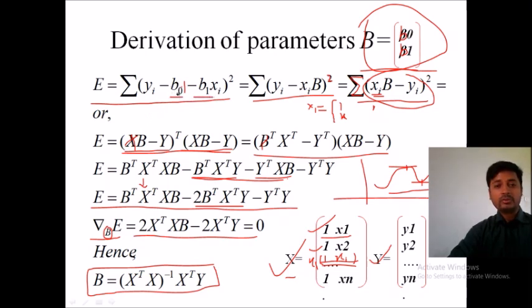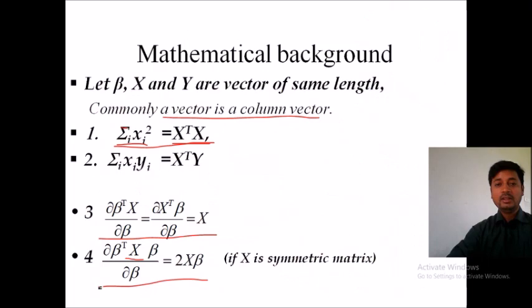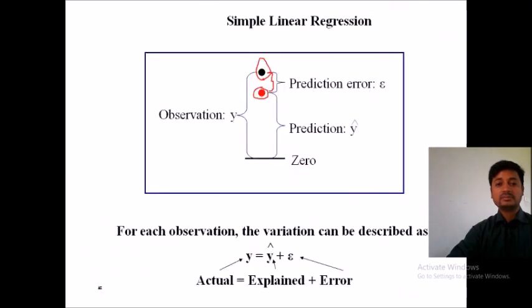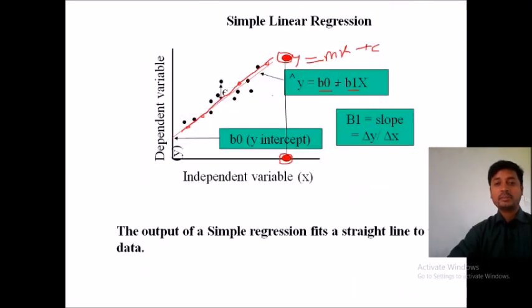So we have to compute these parameters in terms of x and y, treating x and y as matrices. Once you have the parameters b naught and b1, you have the line, which is nothing but the regression model. Construction of the model is done. Now whenever you get a new x, you predict the corresponding value of y.